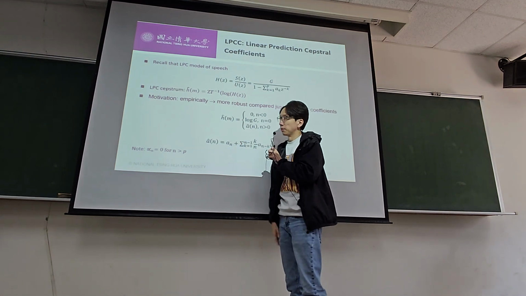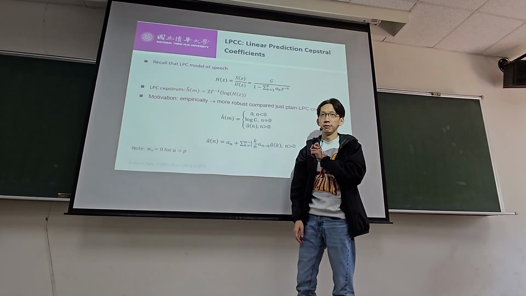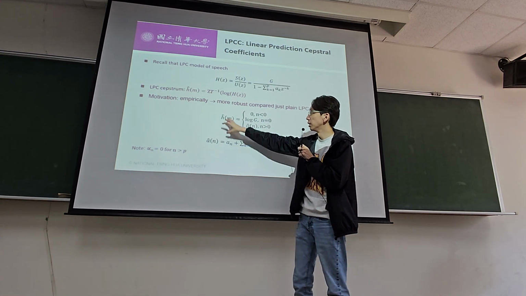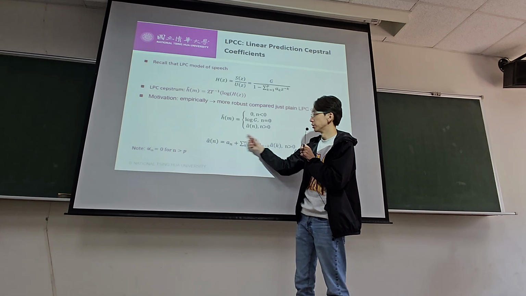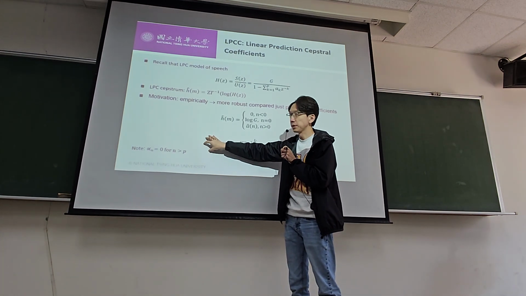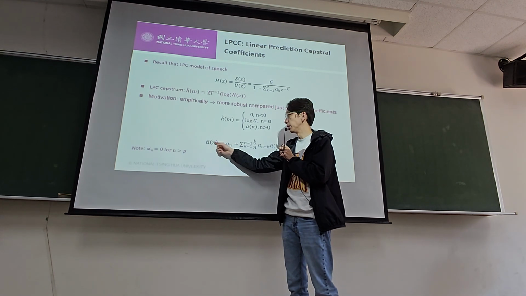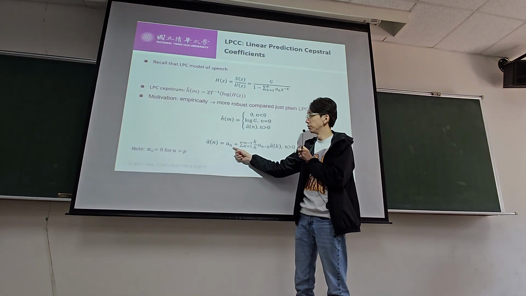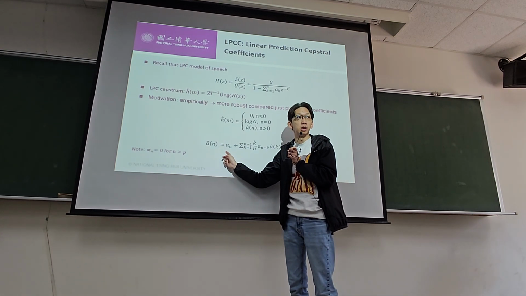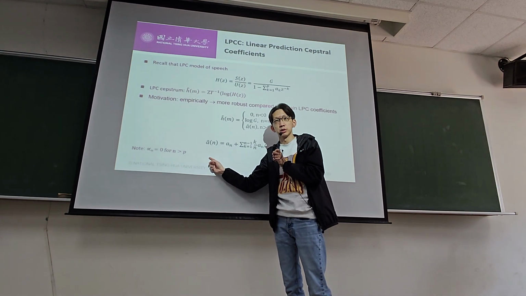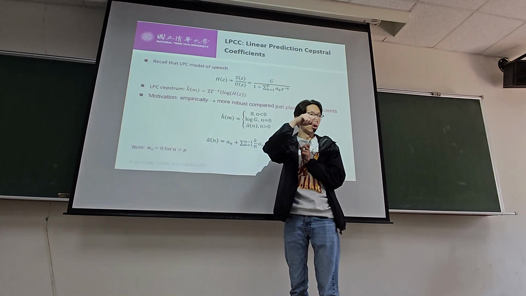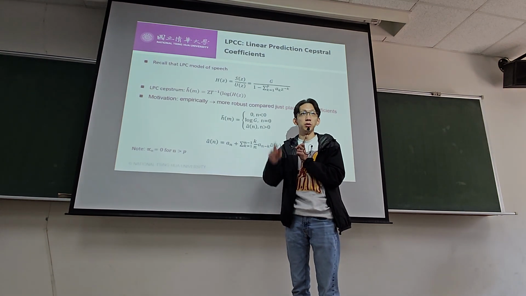Last time when we talked about cepstrum analysis, we know that if there's a minimum phase signal or minimum phase system representation, you can compute the cepstrum coefficient using a recursive formula like this. So you can imagine the LPC cepstrum coefficient can be computed recursively once you derive the a_n coefficients from the LPC. The a_n coefficients are computed using the short-time autocorrelation method, where you compute all those partial correlations and plug them into a recursion.